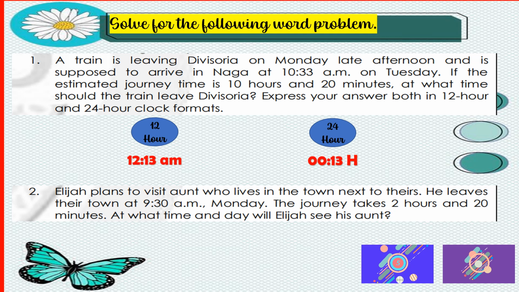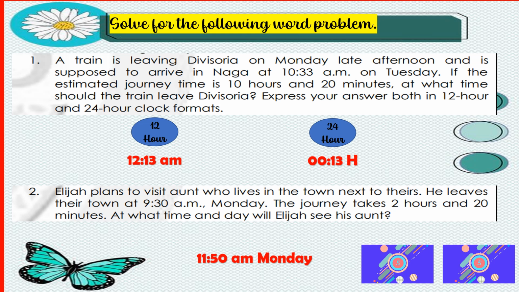The journey takes 2 hours and 20 minutes. At what time and day will Elijah see his aunt? Okay, let us now answer. The answer is 11:50 AM Monday.